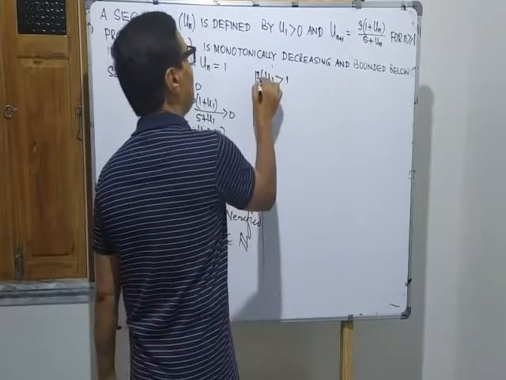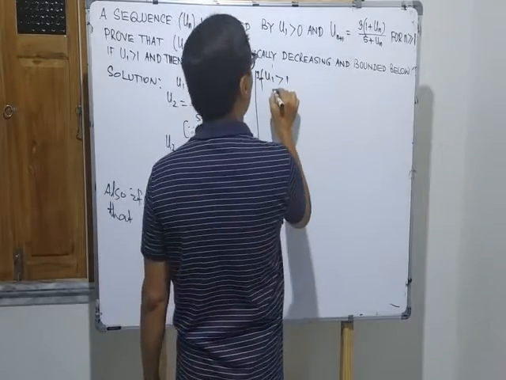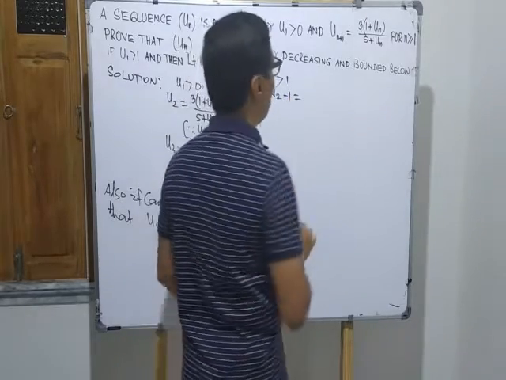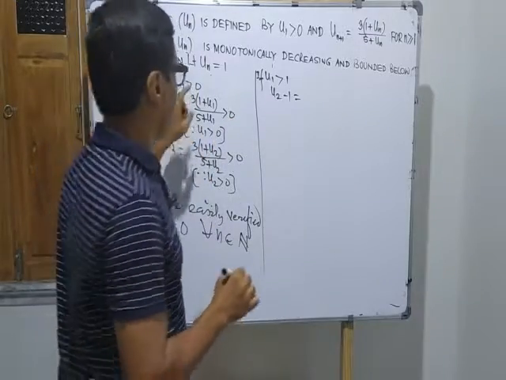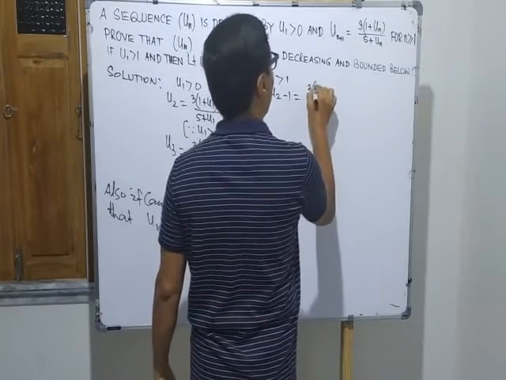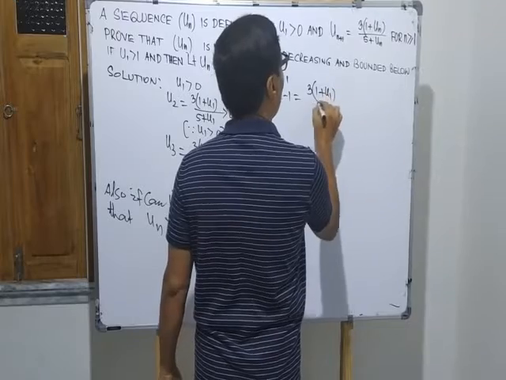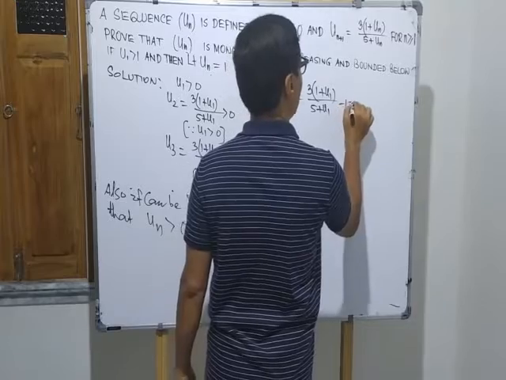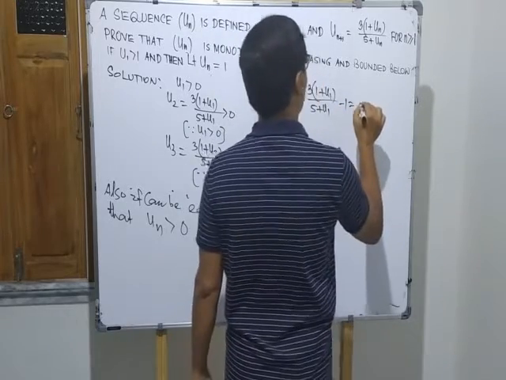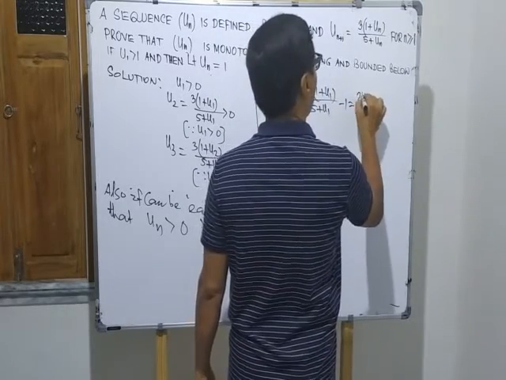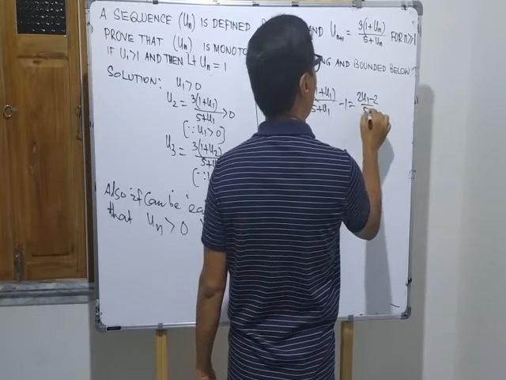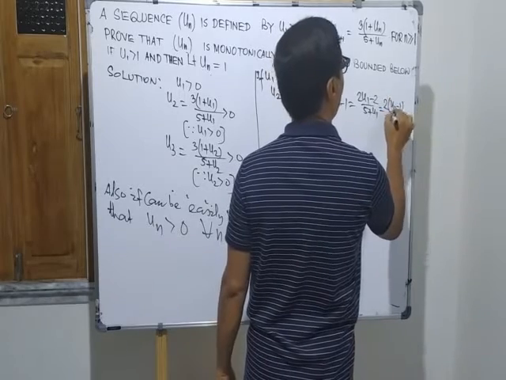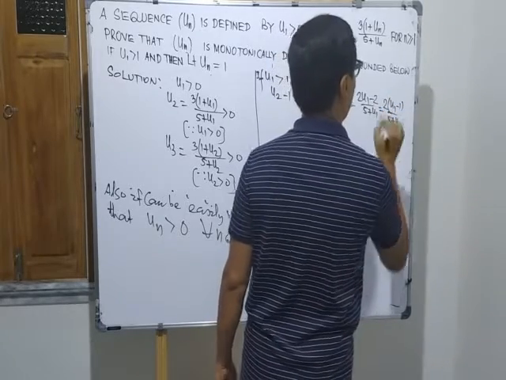If u1 greater than 1, then u2 minus 1 equals 3 times (1 plus u1) over (5 plus u1) minus 1, which is equal to (2u1 minus 2) over (5 plus u1), that is 2 into (u1 minus 1) over (5 plus u1).